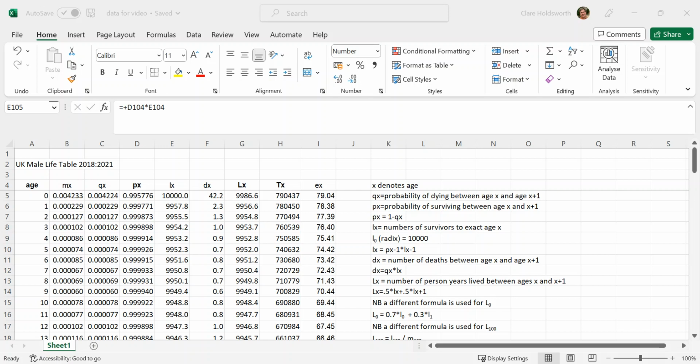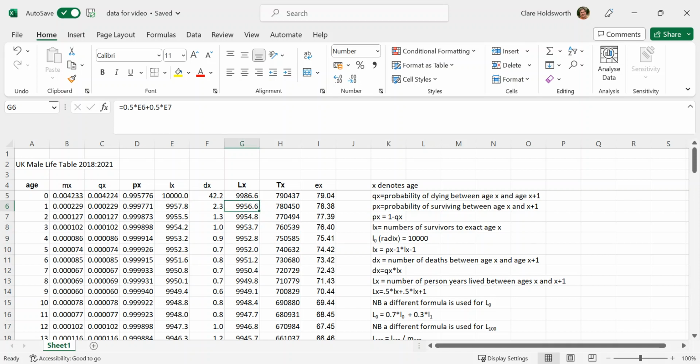It's just going to be a little bit smaller. So I'm actually going to start off by explaining what this figure here, 9,956, is. That's the number of person years lived between age 1 and age 2. As you can see, it's slightly smaller than the number of people alive at age 1, the number of people alive at the beginning of the age group.